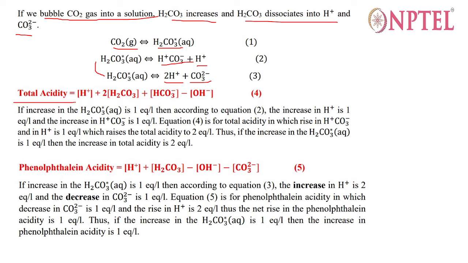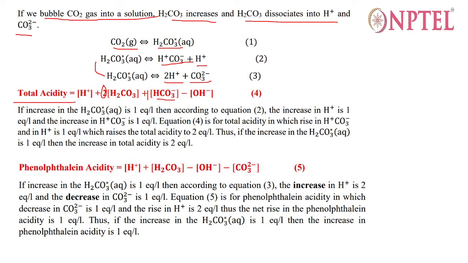So we know the total acidity: it is nothing but total H plus ion concentration, plus H2CO3, which gives 2 H plus ions, that's why we are writing 2, plus HCO3 minus, which gives only 1 H plus ion, that's why we are writing 1, minus OH minus. So again it is the same thing I already told everyone regarding total alkalinity in the previous question.